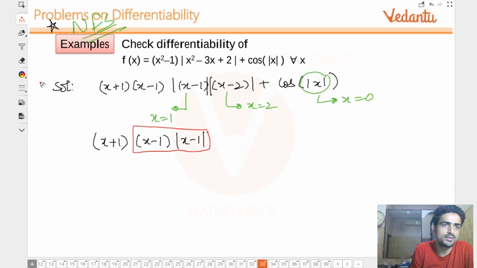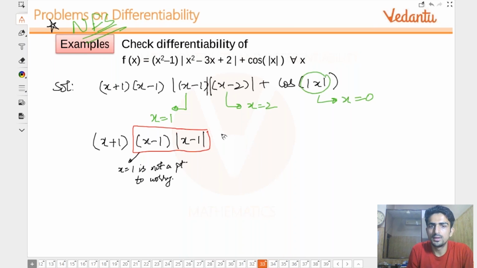It's differentiable. Remember that? Today only we did that when we proved x mod x is differentiable. So 1 is now not creating problem. Okay. 2 is still a point of worry.